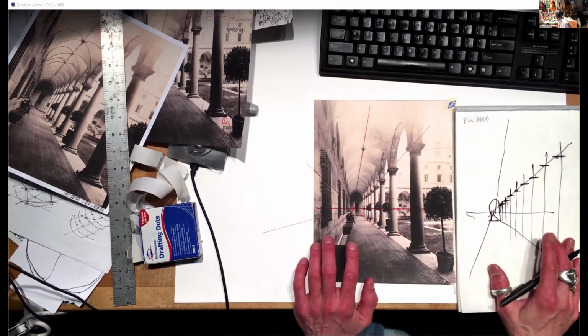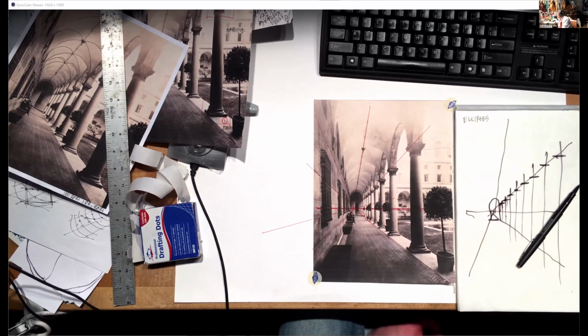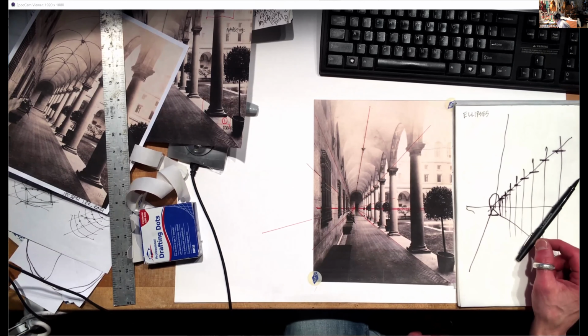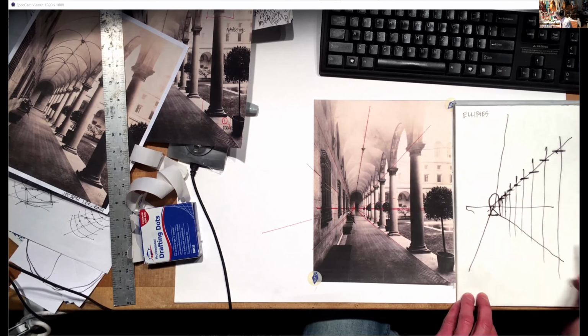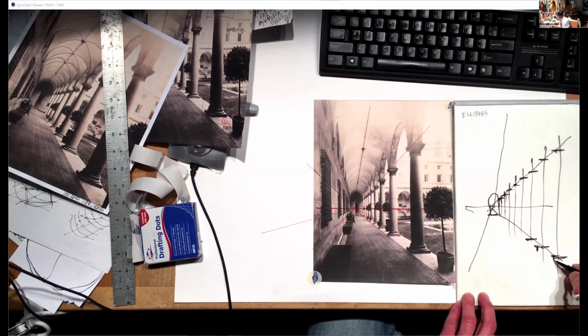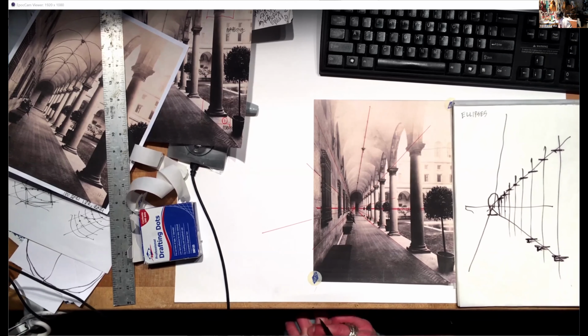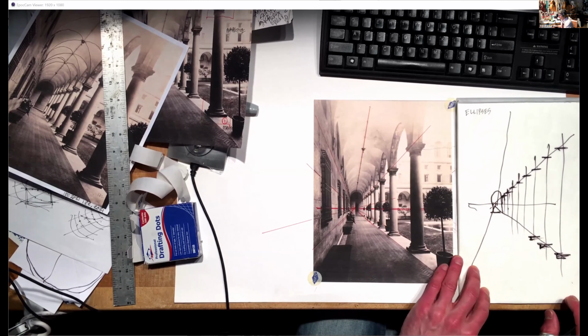I don't expect you to do this freehand as I'm doing it now. I've rehearsed this for 20 years, so that when you do it for 20 years, you could probably do this with your eyes closed. All I'm trying to emphasize here is that you understand what it is that you're looking at. You don't have to draw all of it, but it's going to be easier than this.